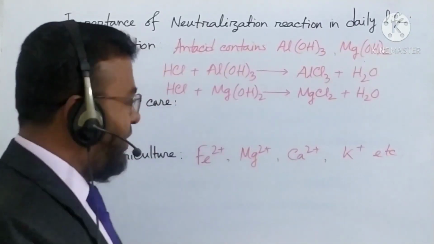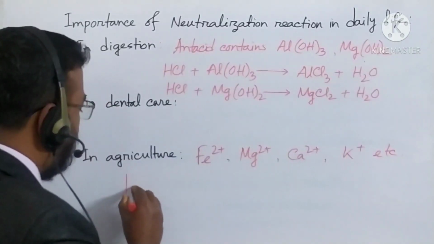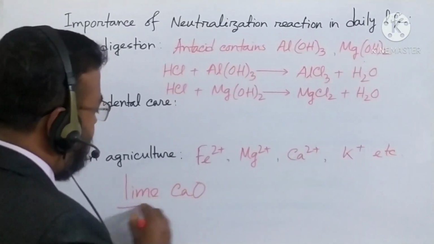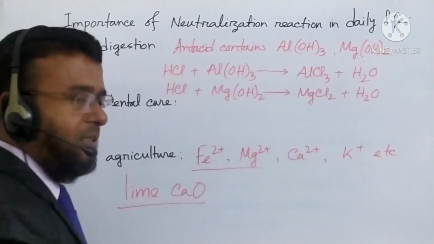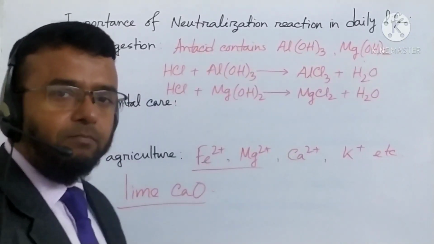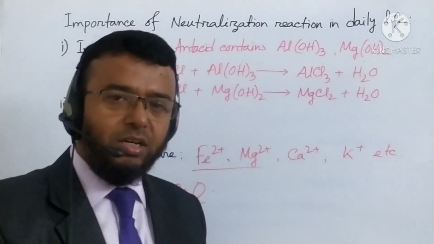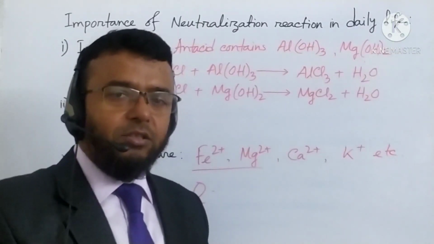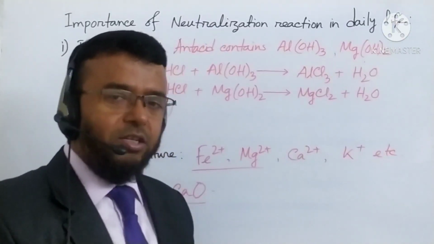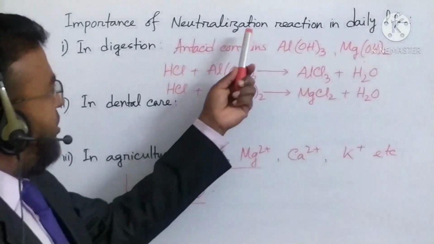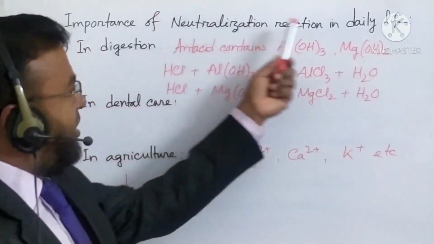So for this reason we are using lime. So lime is a base, calcium oxide. So this lime reacts with the acidic substance and neutralizes it, producing salt and water, and soil becomes fertile. So in this way I have just shown how neutralization reaction is important in our daily life.